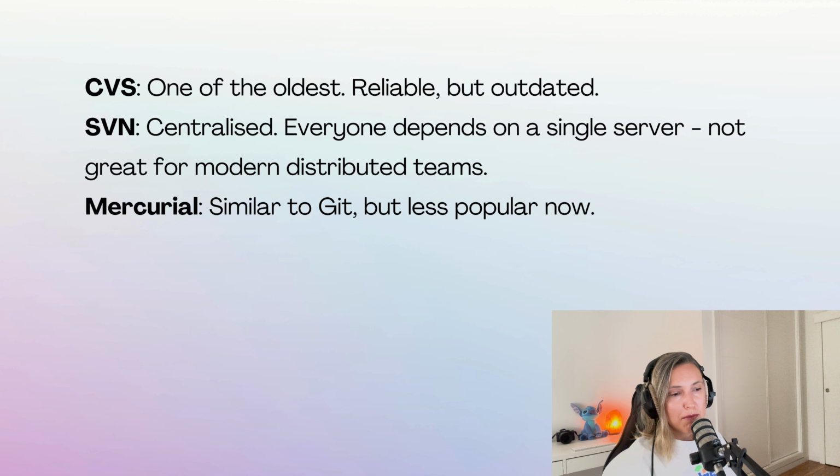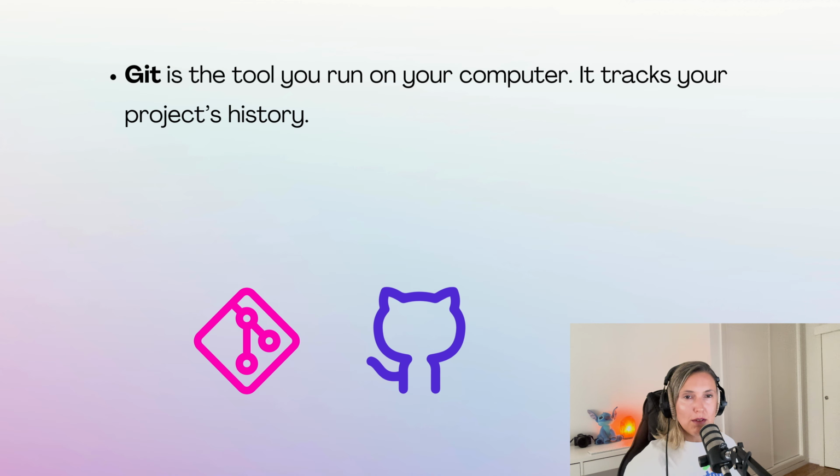Now, here's a common confusion between Git and GitHub. I would like you to think of Git as a tool that we run on our local computer, on our local machine. It tracks our project's history.